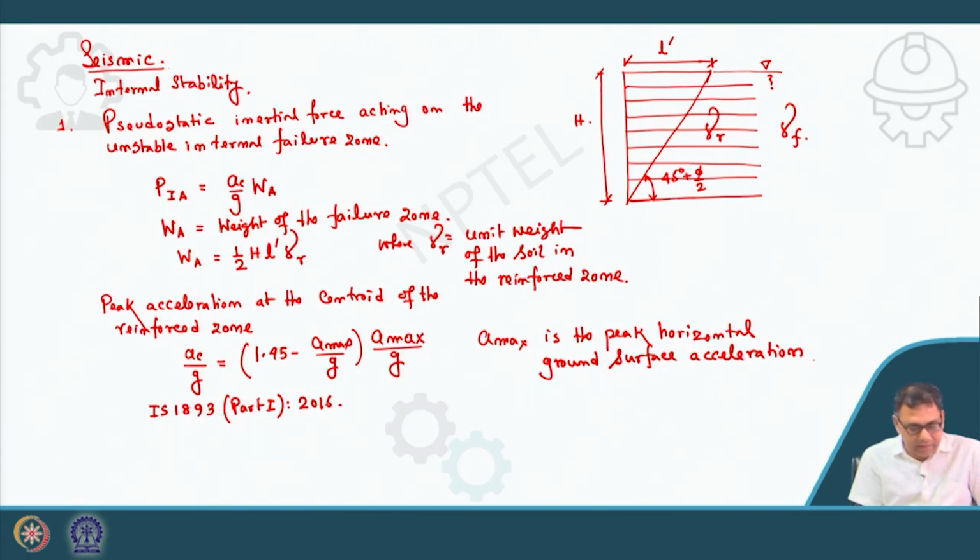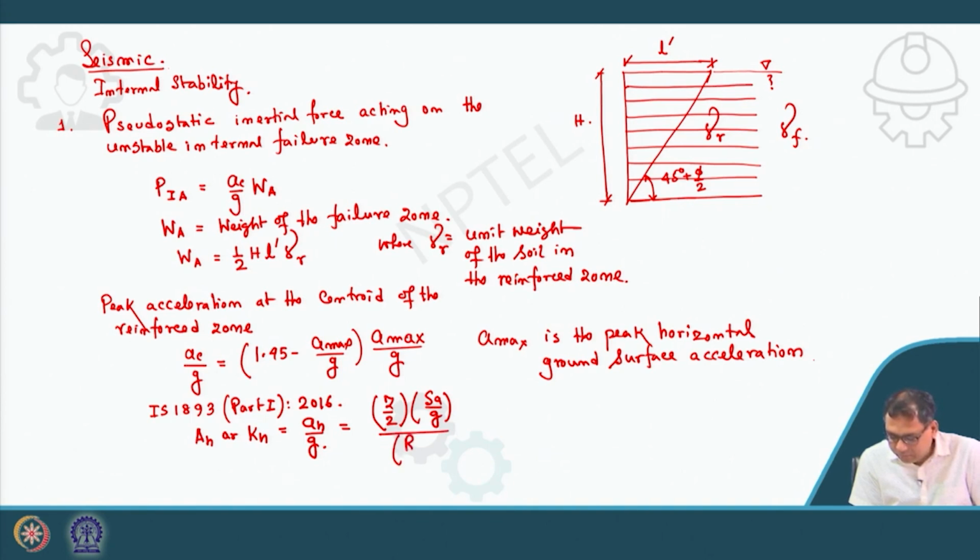Here also they are getting that A_H or the K_H, which is equal to A_H, horizontal acceleration, divided by g, which is actually the K_H, that is given by Z by 2 into S_A by g divided by R by I.